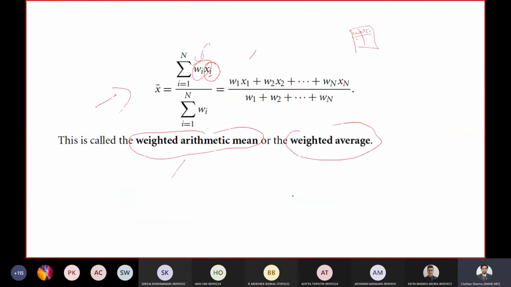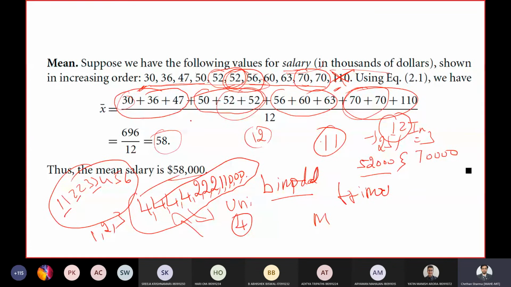So in general, if you consider this data set, we are interested in the third value, the sixth value, and the ninth value. As far as this data set is concerned, Q1 will be 47, and Q3, that is the ninth value, will be Q3.